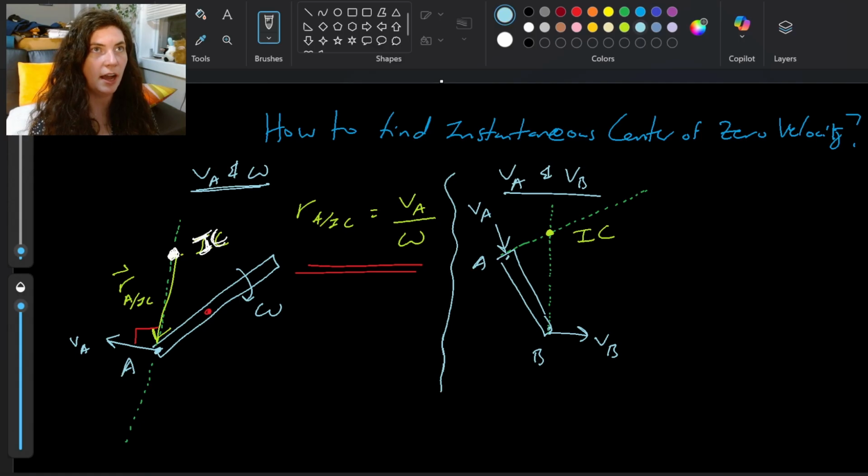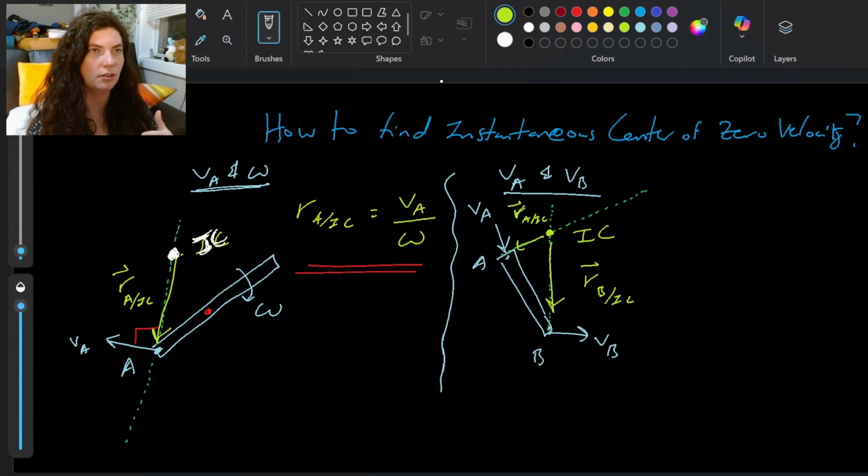And from there, I can write out these position vectors. So here I've got the position vector of B relative to the instantaneous center of zero velocity, and RA with respect to IC. I can find both of those vectors, typically with trig.